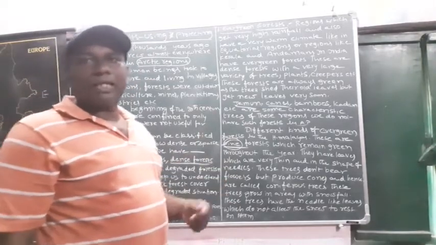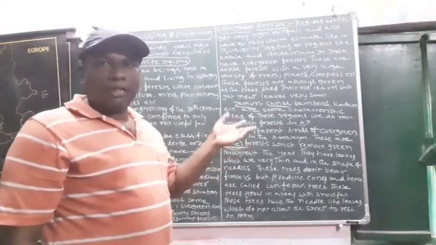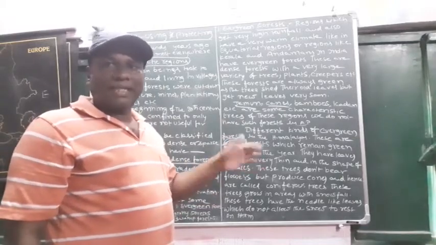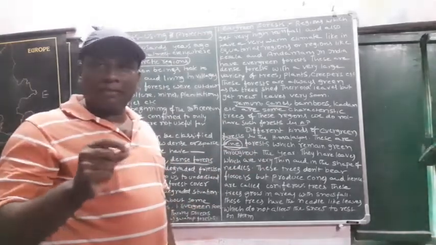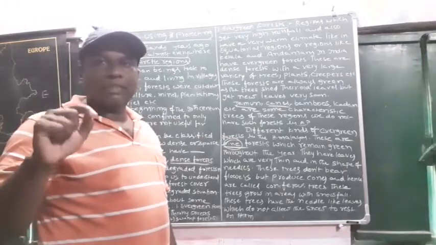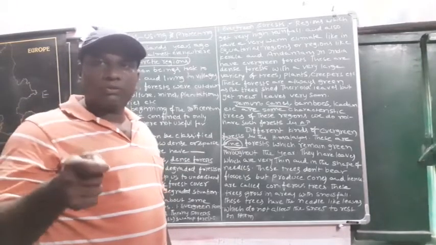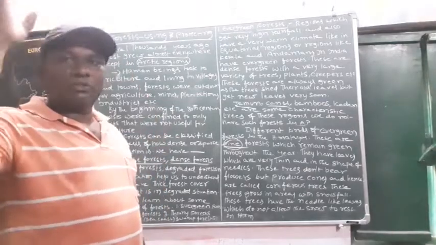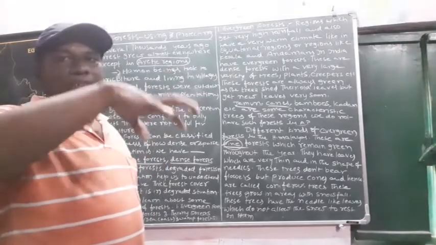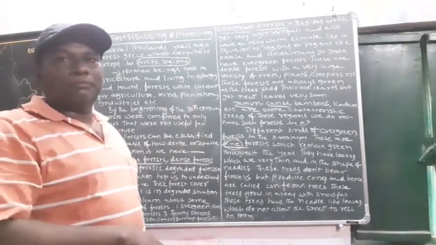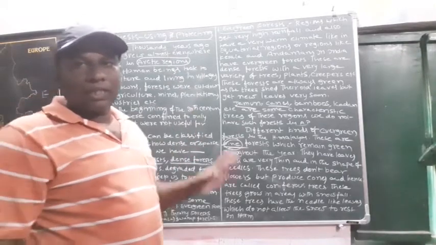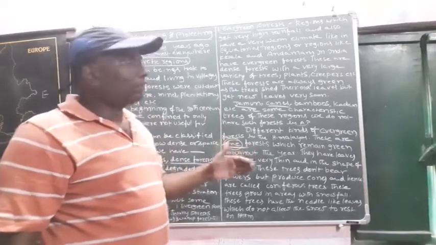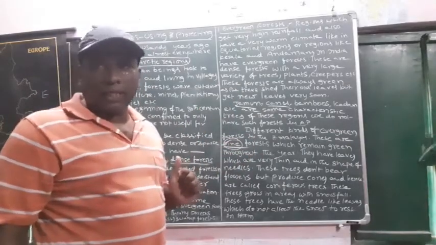Then in the Himalayas, we can see one kind of trees, that is pine trees. These pine trees do not bear flowers. They produce cones, so they are called coniferous trees. Whenever snow falls on the trees, it immediately comes down. These are the features we observed in evergreen forest.